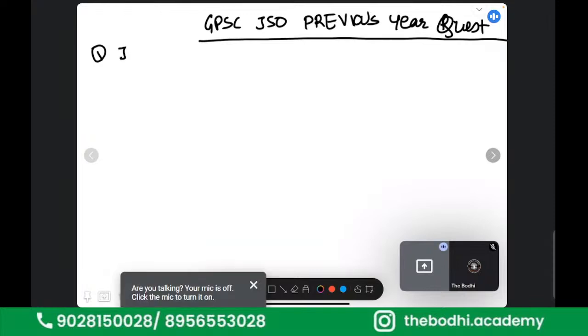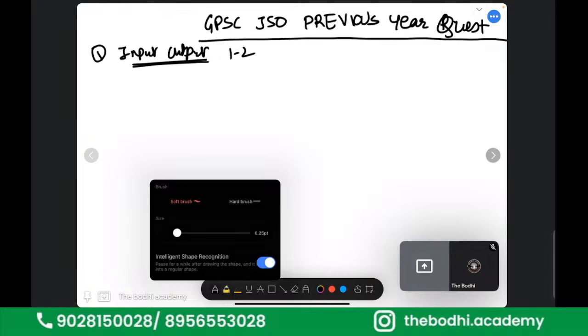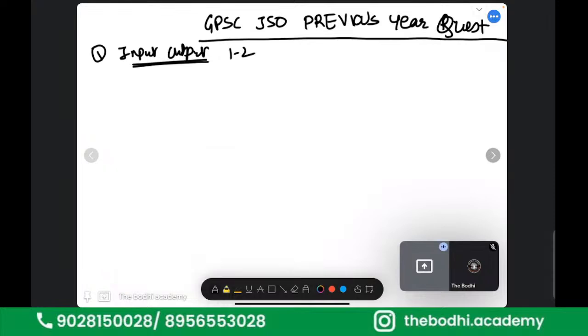This question is from the topic input output, and GPSC always asks 1 to 2 questions on input and output. Now, what happens in this? One input will be given.